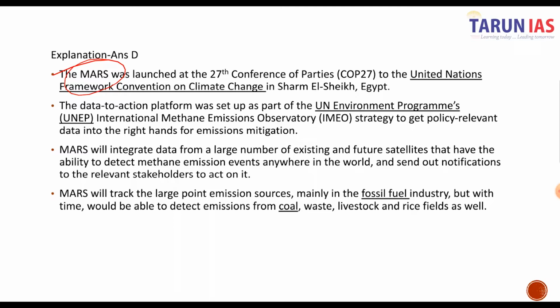It will integrate data from a large number of existing and future satellites that have the ability to detect emission events anywhere in the world. It will of course send out the notification to the relevant stakeholders to act on it. It will track the large point emission sources mainly in the fossil fuel industry, but with time it will be able to detect from coal, waste, livestock, rice fields, etc.